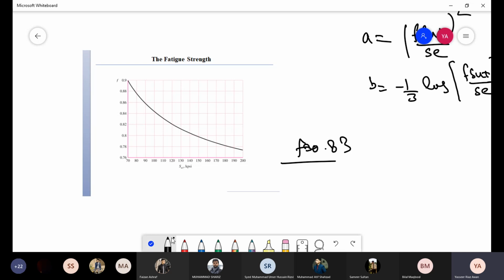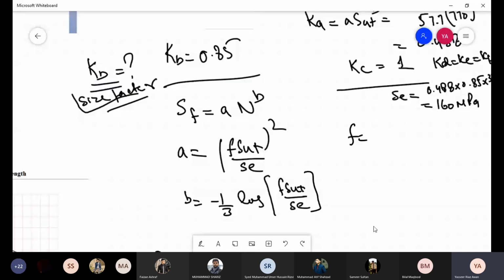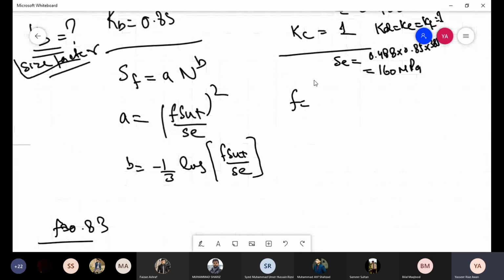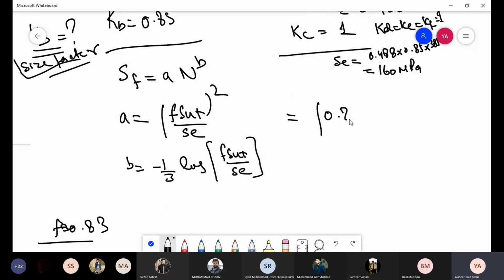So that means in this case this A would be equal to 0.83 into 770 square divided by SE, that is 160.